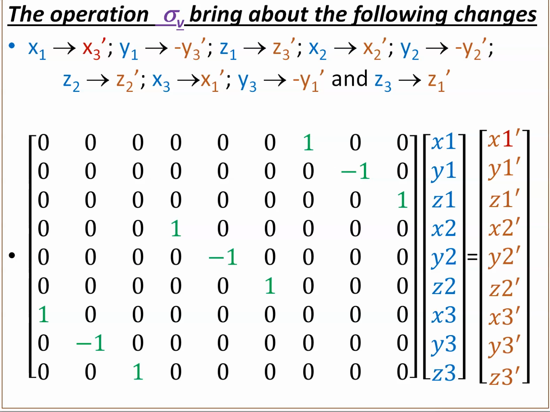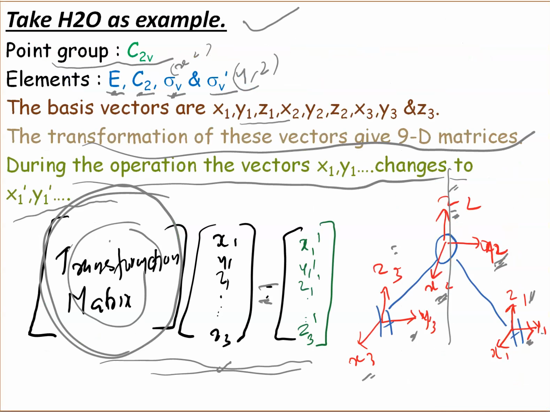Now consider the matrices for sigma v xz. Which is the sigma v xz plane? We can look back. Sigma v xz passes through like this.